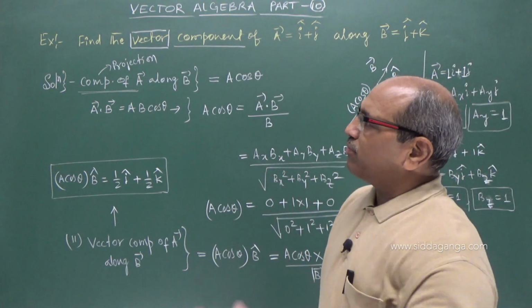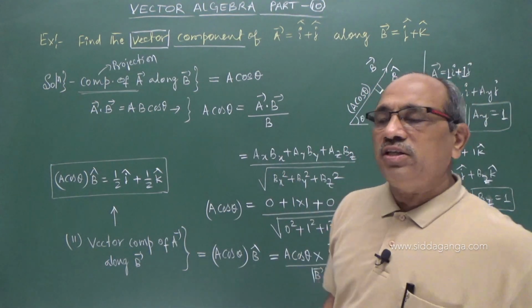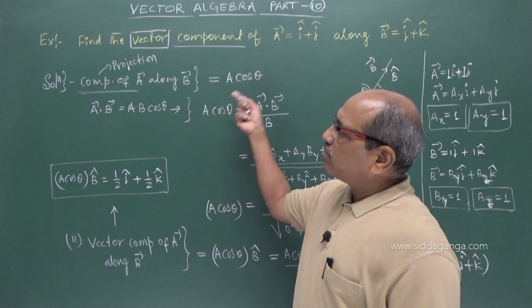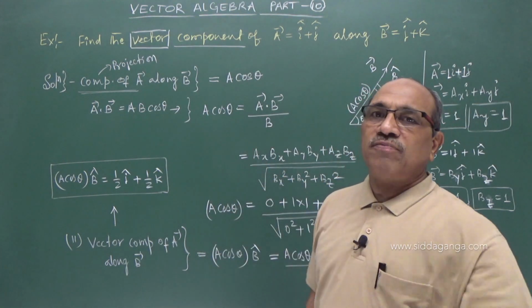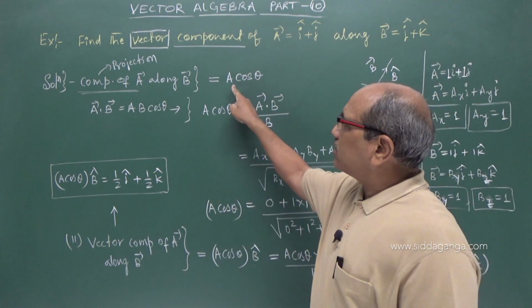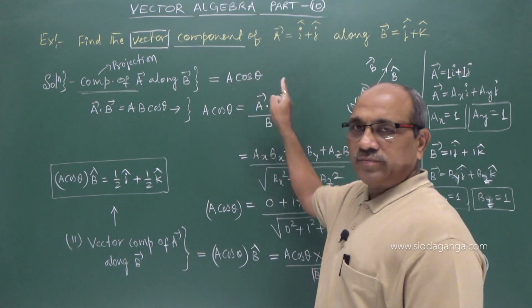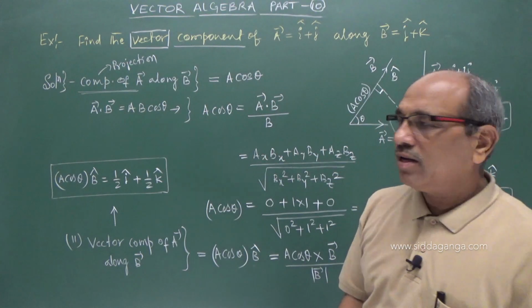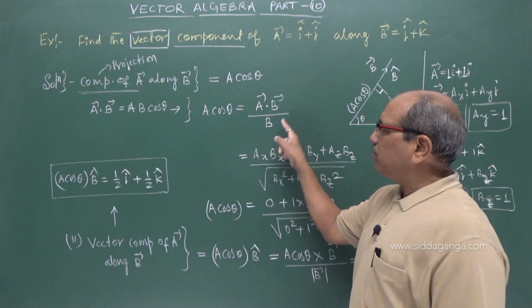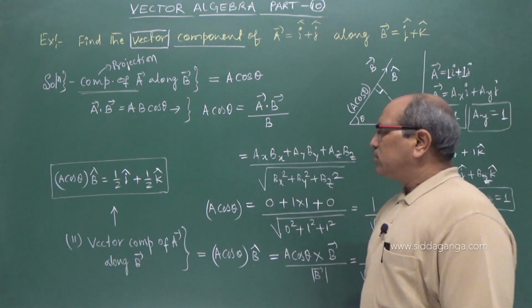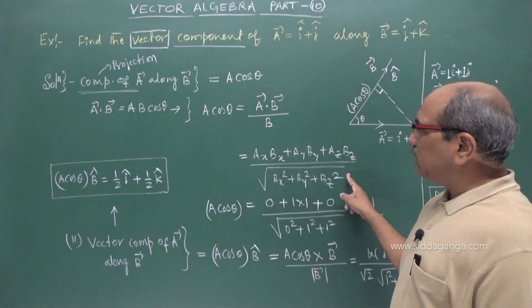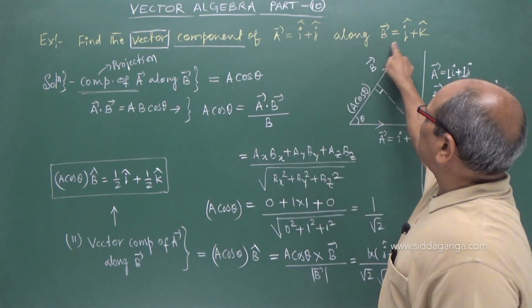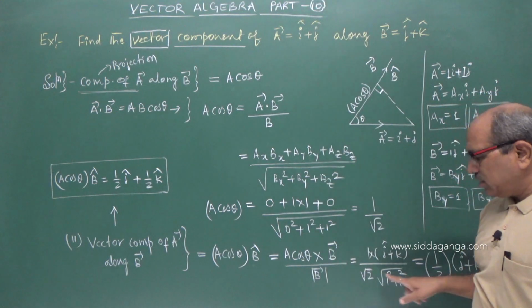The words used in problems are component, projection or magnitude of A along B. If they ask, it is A cos theta, obtained from the dot product A dot B by B. Knowing the components x, y, z, we got the answer.